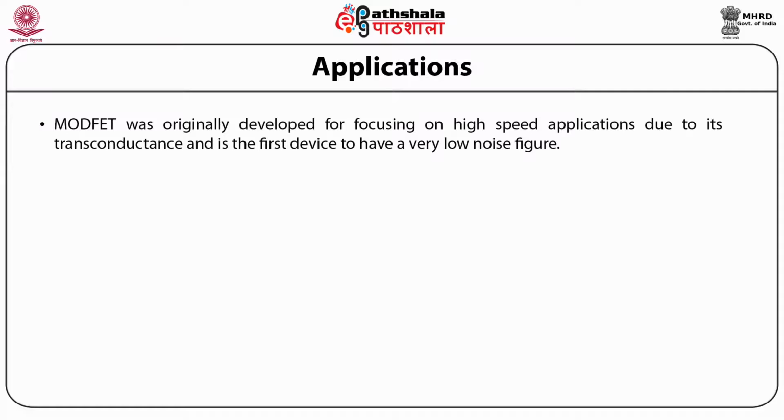MODFET was originally developed for high-speed applications due to its transconductance, and it is the first device to have a very low noise figure. This is related to the existence of 2D electron gas and the fact that there are fewer electron collisions.